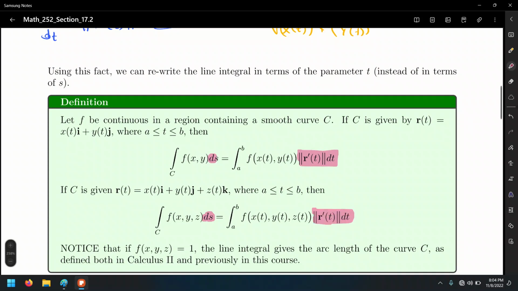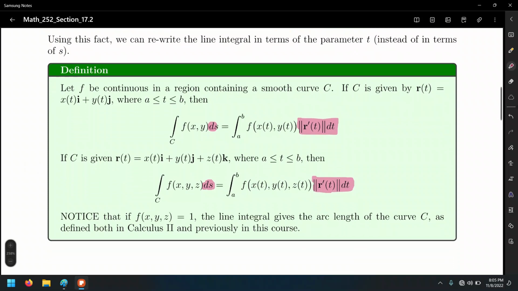It's going to work the same, all right? And this function that we integrate, that function of x, y, those x, y are functions of t, and that function of x, y, and z, those x, y, and z are all functions of t. All right. So let's see.